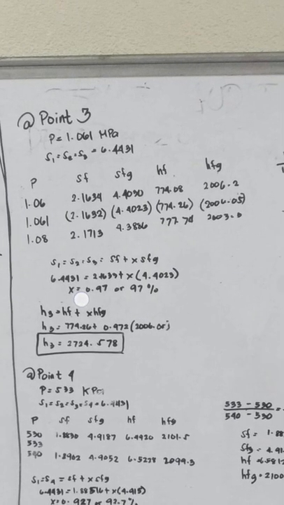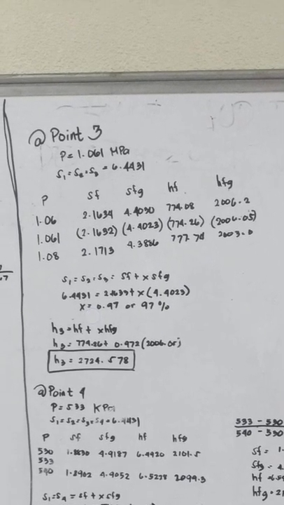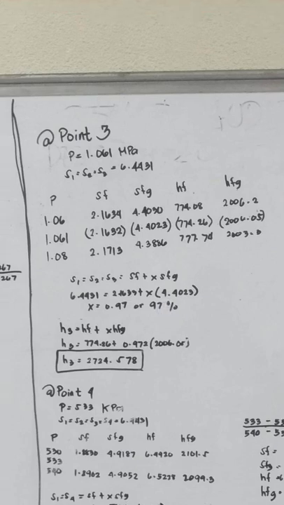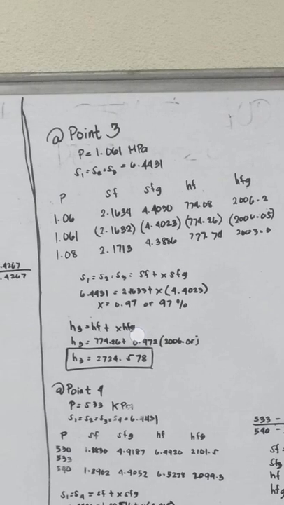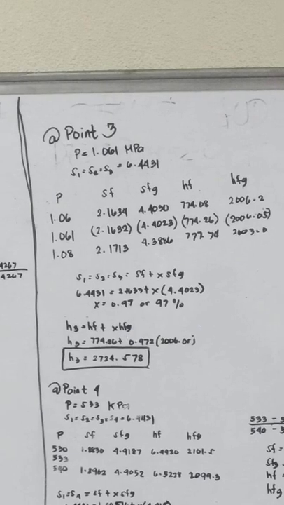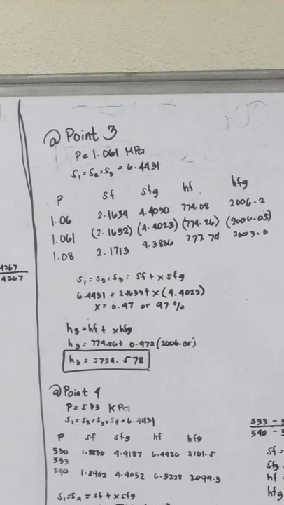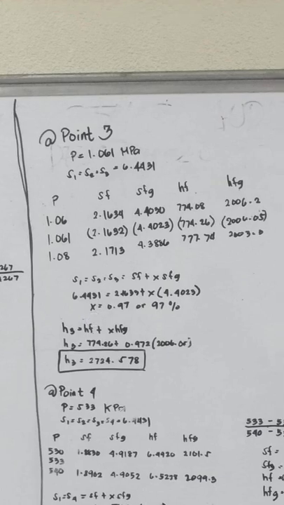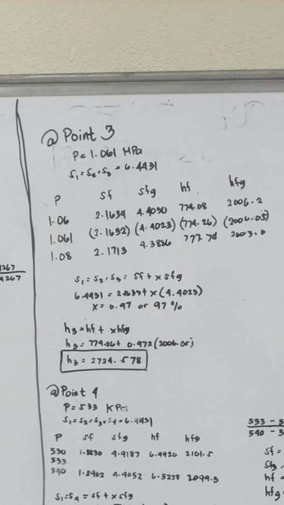To find the quality x, we substitute the specific entropy 6.4431 with the SF of this.